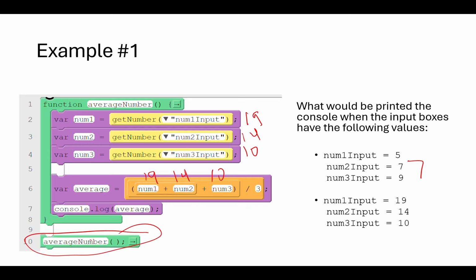Plus 10 is 43. 43 divided by 3. Marsh does not know what that is. Quick math here. Let's just grab my calculator. 43 divided by 3. 14.33333 is what we would get there. Marsh just typed it into her calculator. So I'd get 14.33 was what would display.